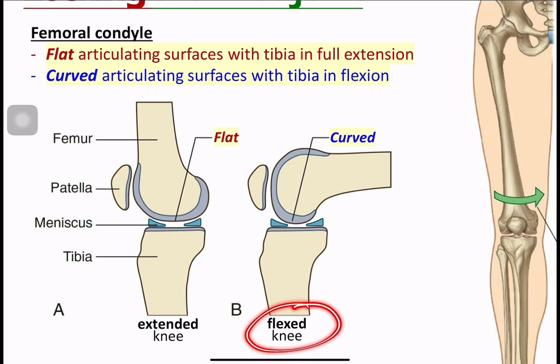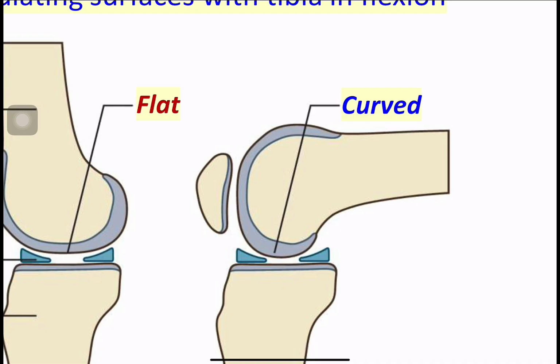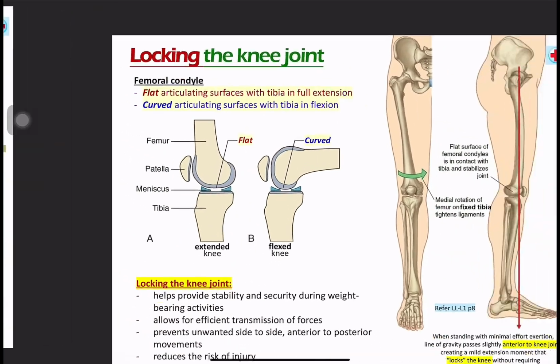However, in flexion, the round, curved portion of the femoral condyles articulates with the meniscus. But as you can see, here we have some room, and this allows a certain extent of rotation.